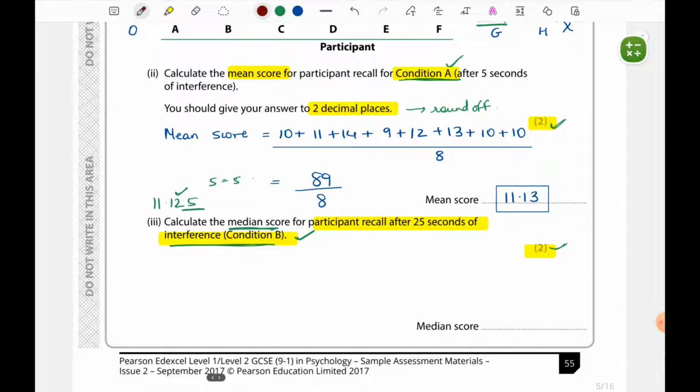Okay, so now what I'm going to write is arranging the numbers in ascending order. You don't have to write the wording like this. Your wording can be your own.